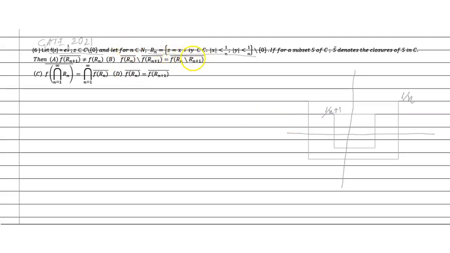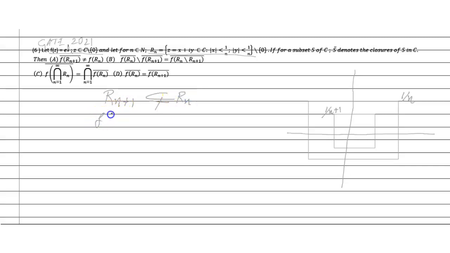So whatever you see, the closure of f(Rn plus 1) does not equal f(Rn). So you see that Rn plus 1 is not a subset of Rn.